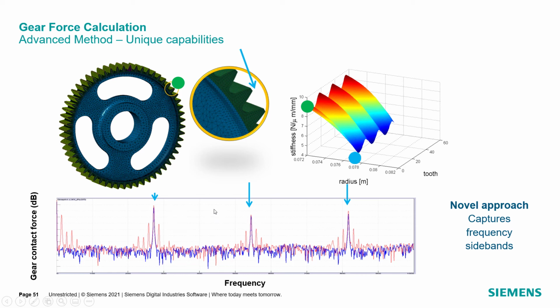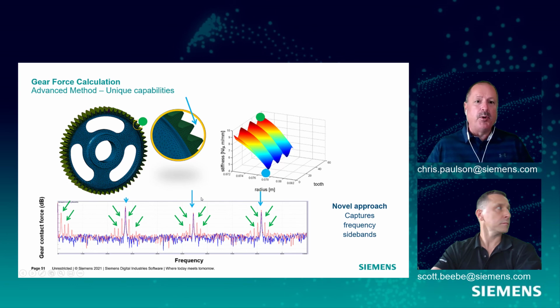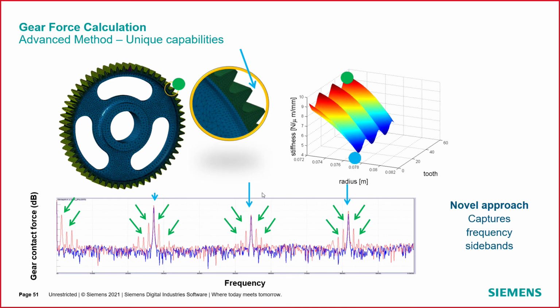But these lightening holes, because they're going to cause the stiffness to vary as you go around, give you really a carpet effect of stiffness as a function of which tooth, whether you're over a spoke or a slot, along with from the root to the tip. And so in a standard solid gear blank, we get these primary peaks of the gear mesh frequency. By having these slots, we see these added sidebands. And the FE approach allows us to capture those sidebands very accurately.